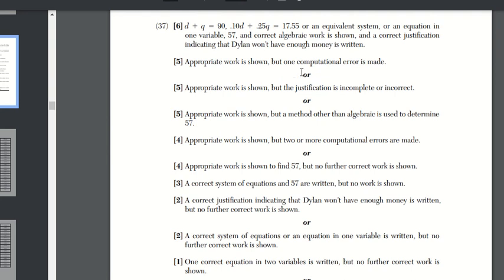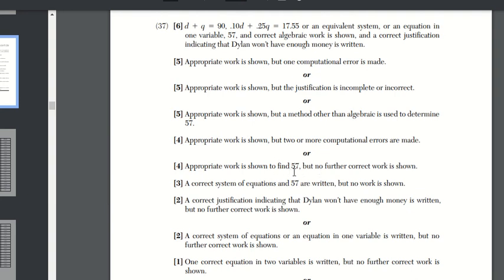So here they show all the opportunities of losing a point, right? If somebody made a computational error, if they didn't justify their work, right? A method other than algebraic is used to determine the 57. So if you used NSolve to solve the system, you would lose a point, right?